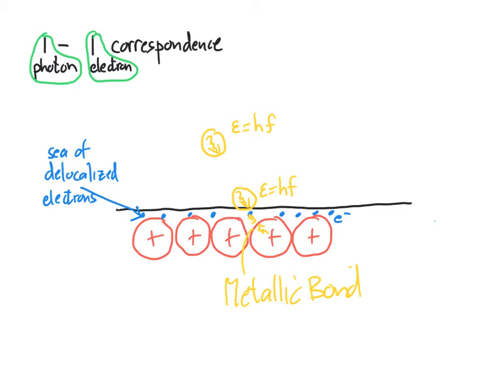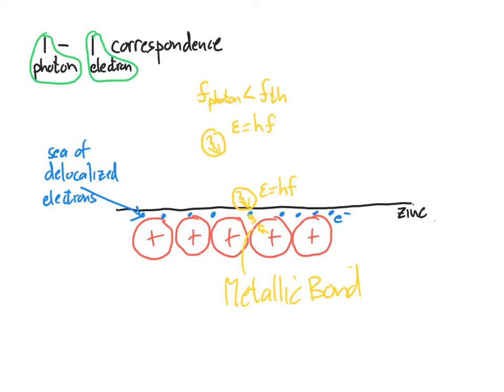Now, in the case of a zinc surface, as we've already seen, a yellow photon of light is not going to be able to eject electrons from the surface. So the frequency of the photon is less than the threshold frequency or the minimum frequency required for zinc.